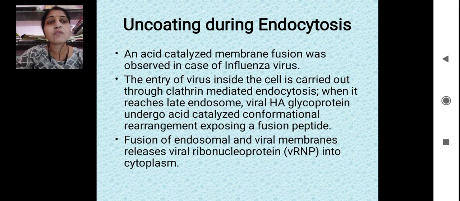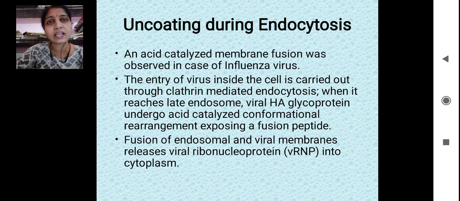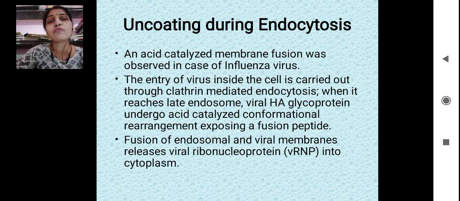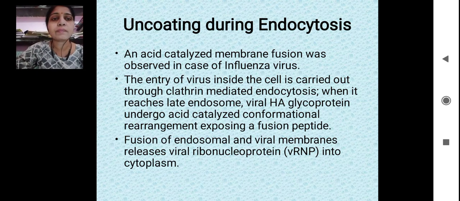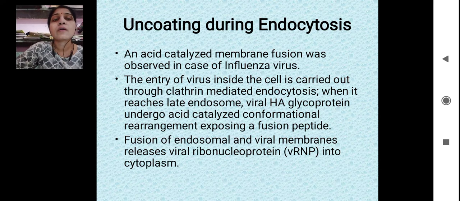The viral hemagglutinin glycoprotein undergoes an acid-catalyzed conformational rearrangement, which is responsible for exposing the fusion peptide. Then there is fusion of the endosomal membrane with the viral membrane, due to which the viral ribonucleoprotein is released within the cytoplasm.